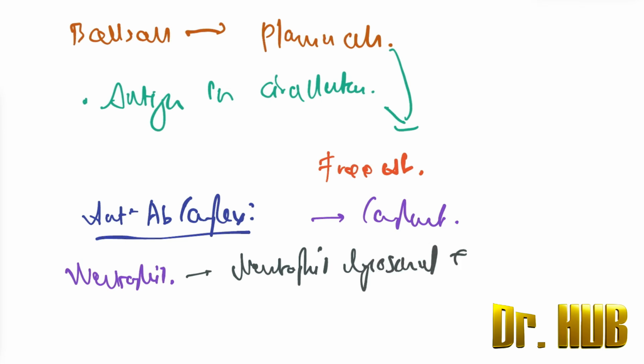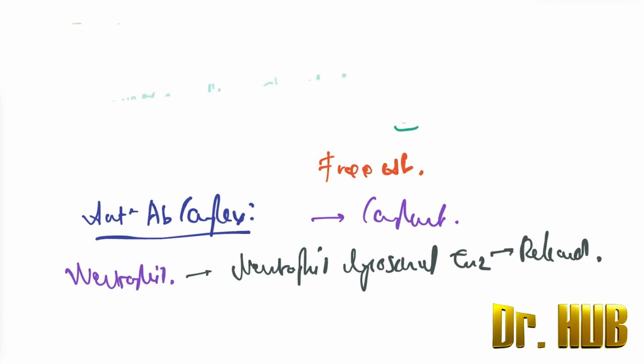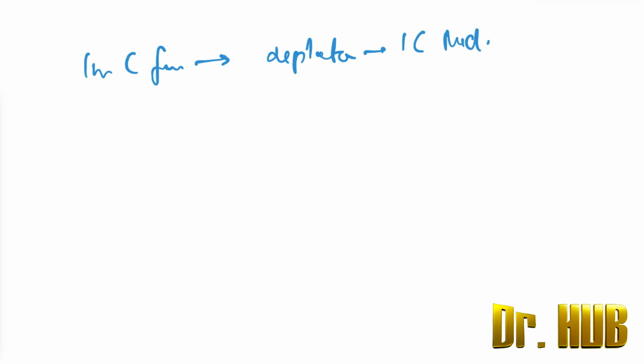Next, what do we have? The other components include the immune complex formation, immune complex depletion, and then the immune complex mediated inflammation and the cell injury.